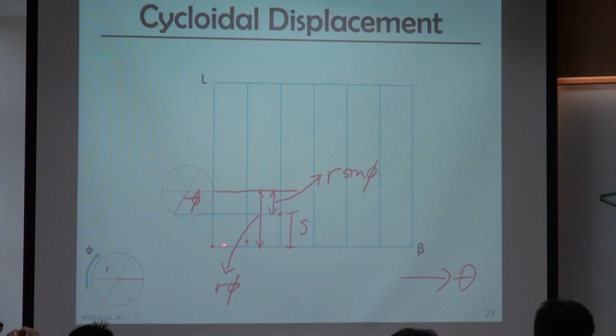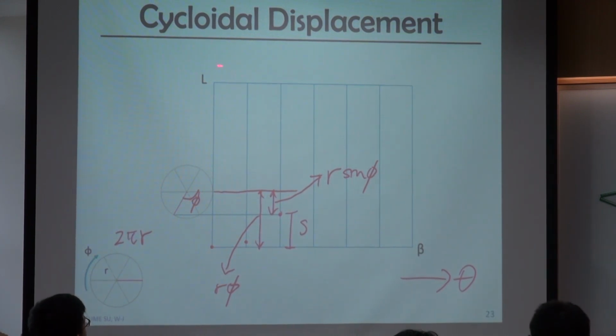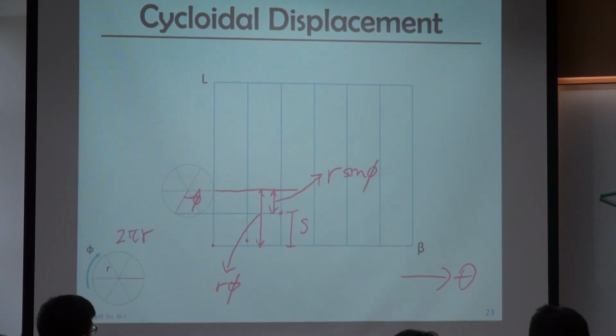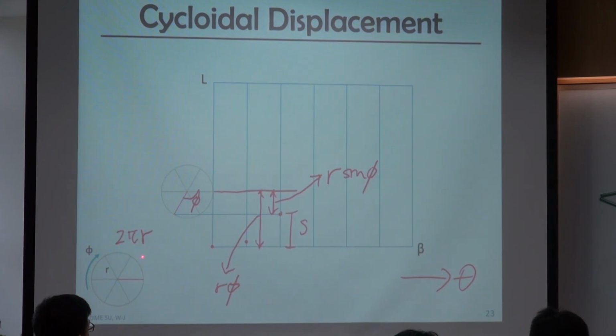And also the height. Right now, when this small circle runs for one cycle, it will move by 2 pi r, right? But in our original coordinate, we use L instead of this 2 pi r. So we also need to convert the displacement from this function of r into our original expression. Any question for this one?